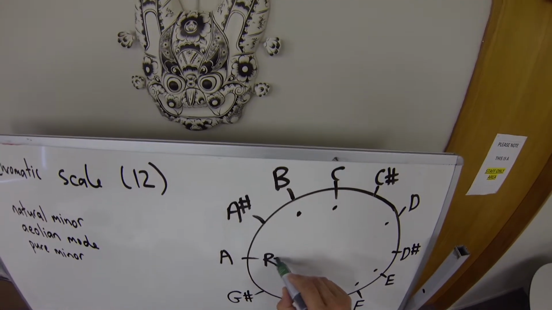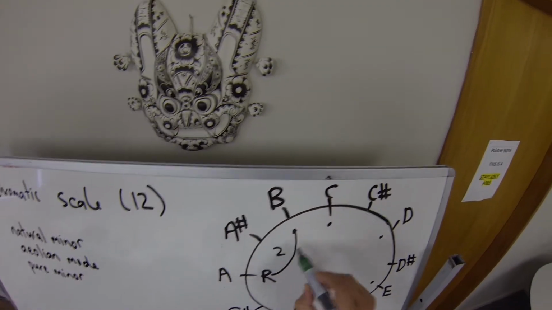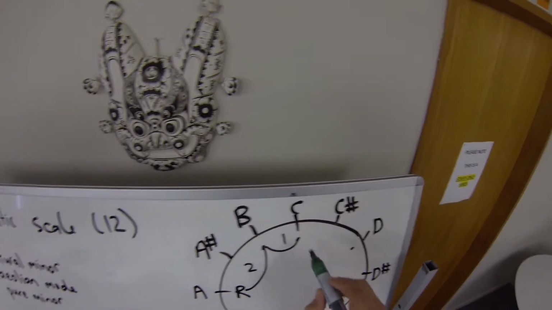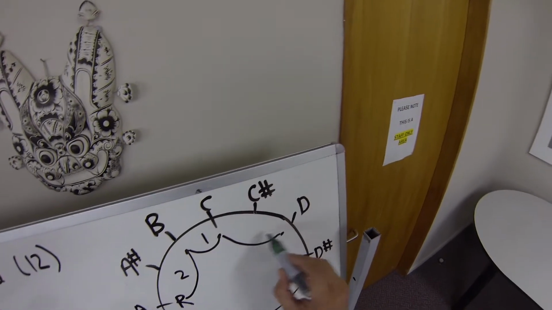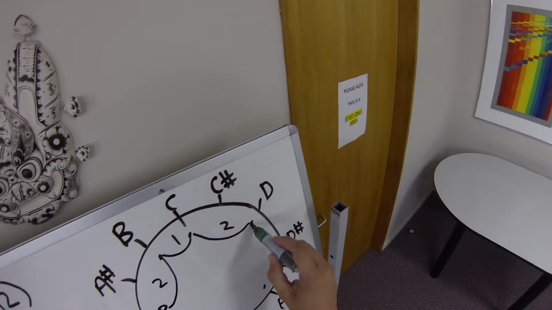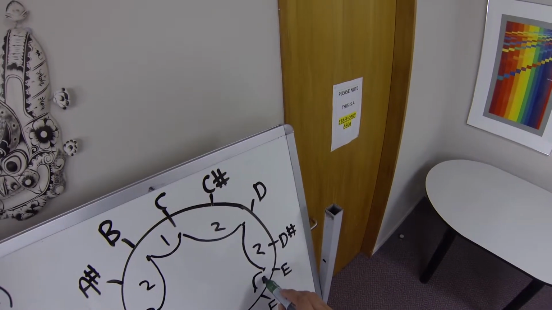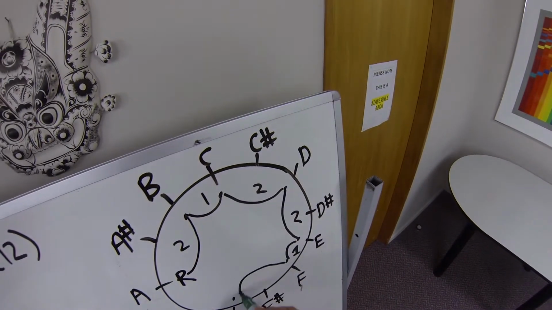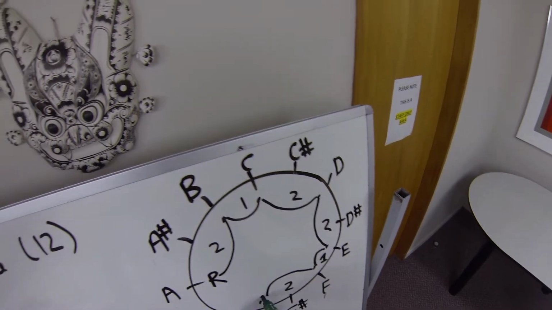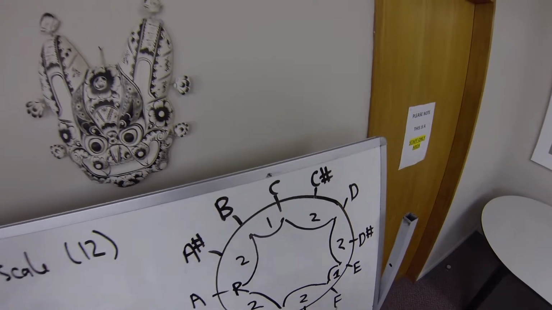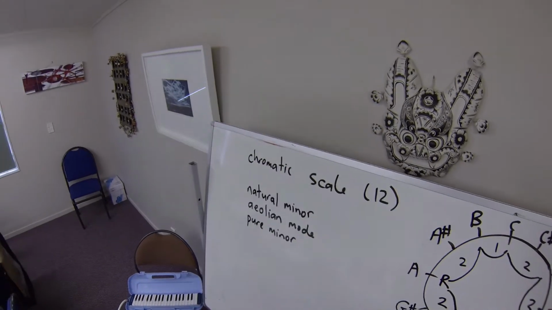So we go root, 2, 1, 2, 2, 1, 2, 2, back to the root.